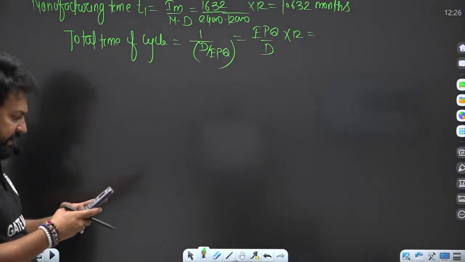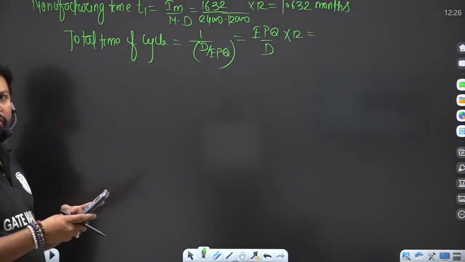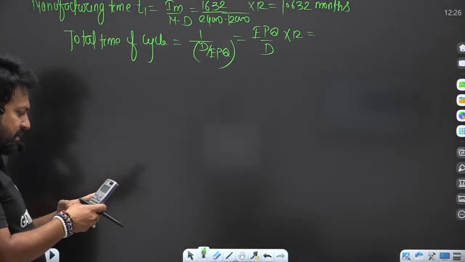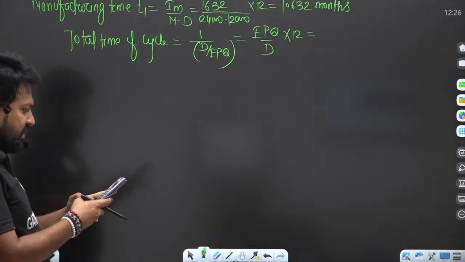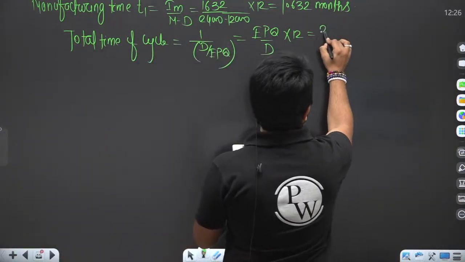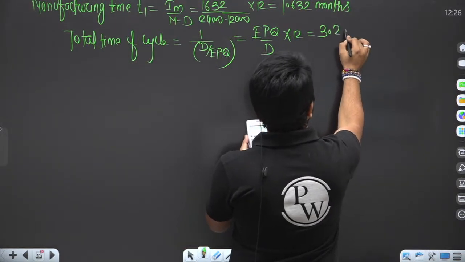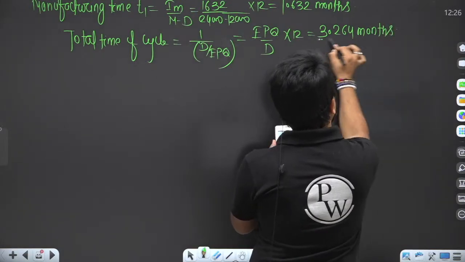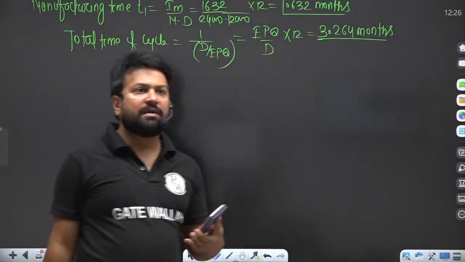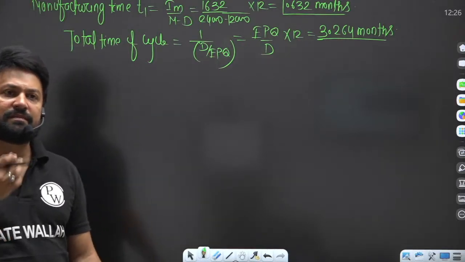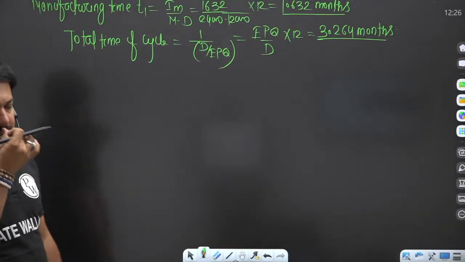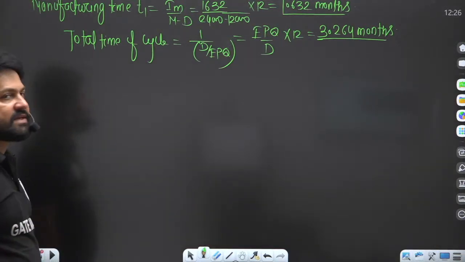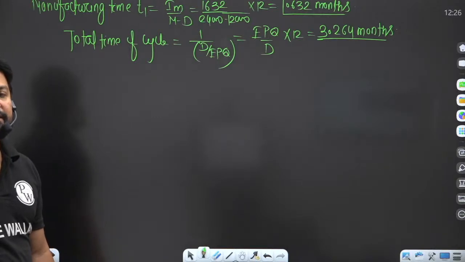Economic production quantity is 3264 divided by demand 12,000, into 12. So 3.264 months. Now, is that point clear? Tell me everybody, yes sir or no?